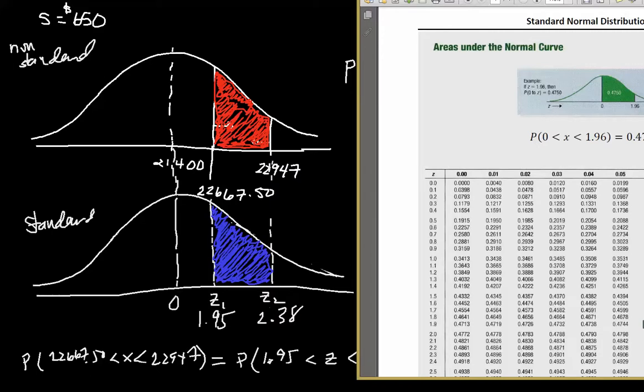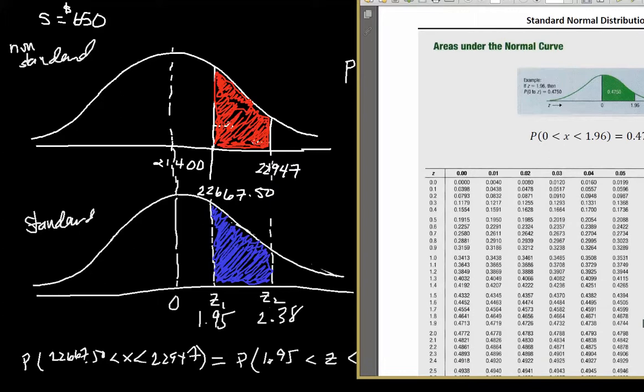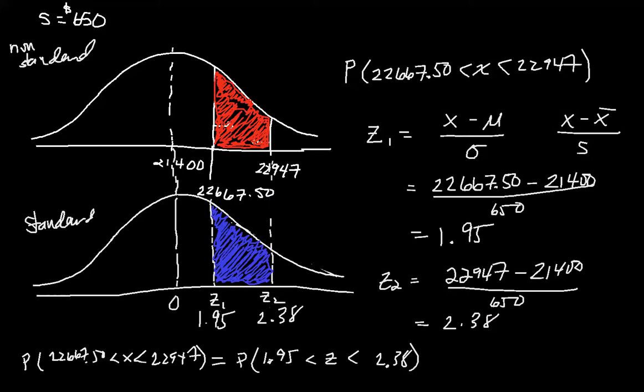Since we have this situation, what we need to do is find 2.38 first. 2.38 will give you the entire area, the blue, they're not the exact same blues, but the blue from 0 up to 2.38, because that's the nature of the table.